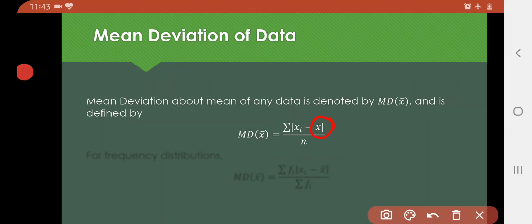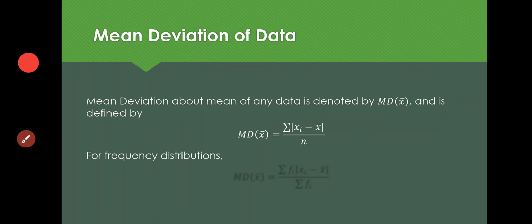Obviously, in this formula I have x bar, which means that I have to calculate the mean first, then put it back in the formula to find the mean deviation. Fine. And if we have frequency distributions, meaning frequencies are given, then the same formula turns into summation of fi into mod of xi minus x bar, by summation of fi. Fine.